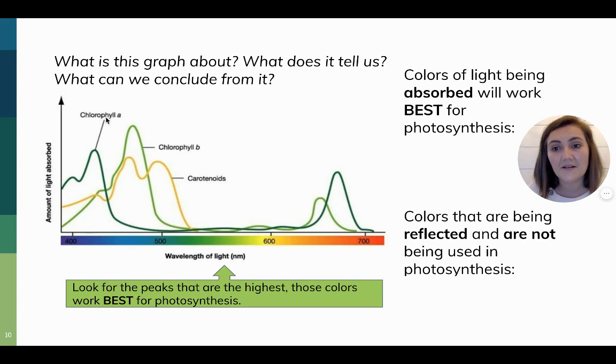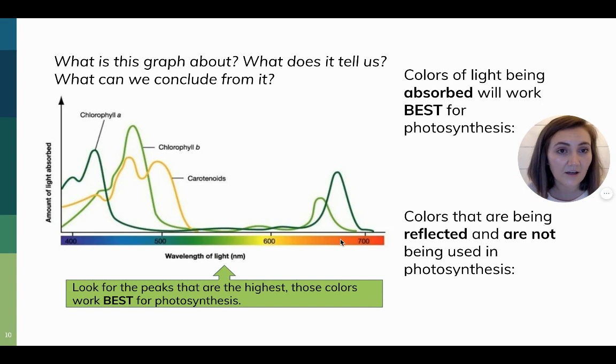So we have three pigments here, chlorophyll A and chlorophyll B, and a third one called carotenoids. Looking at these peaks, for example, chlorophyll A peaks right about here. If we look directly below, it appears in the wavelength that's a purplish indigo color. If you look way over here, that same pigment, chlorophyll A, also peaks again, in the reddish orange wavelength.